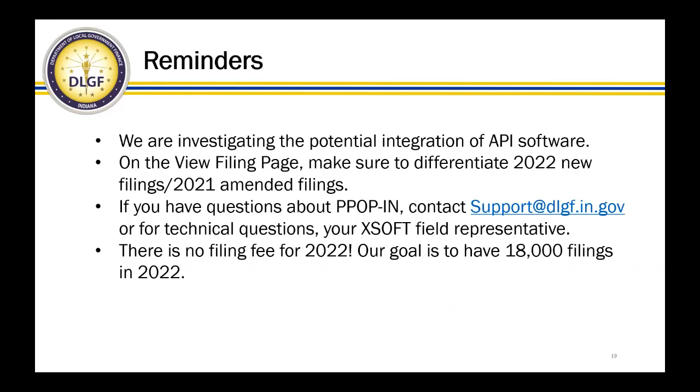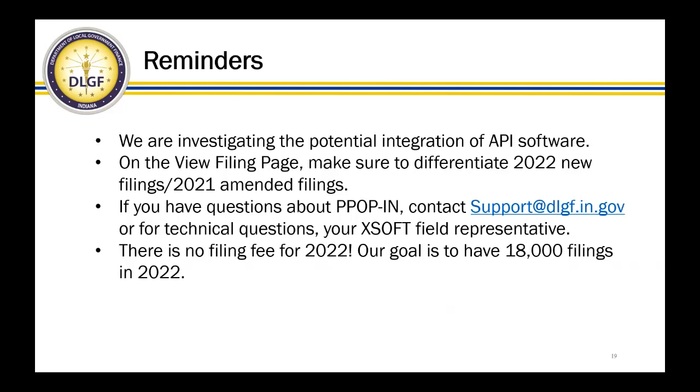We are looking into it. We are working with various software developers to see if it is possible to integrate that API software this year. So hopefully it'll be in place, but there's nothing yet. So we are working on the API software.